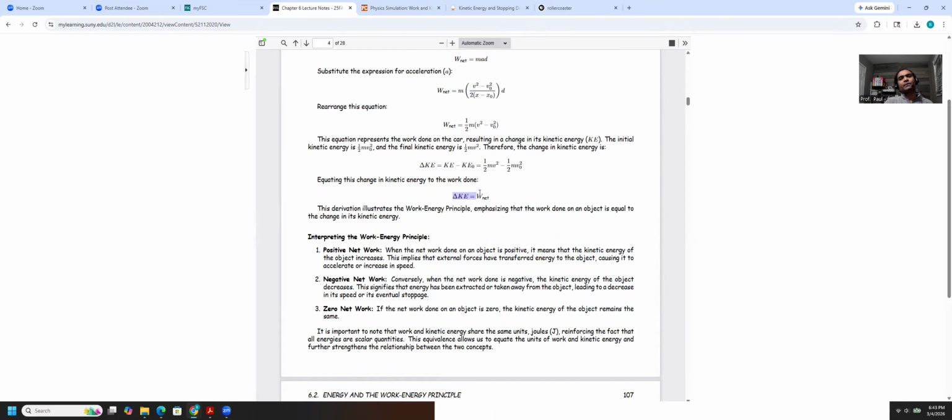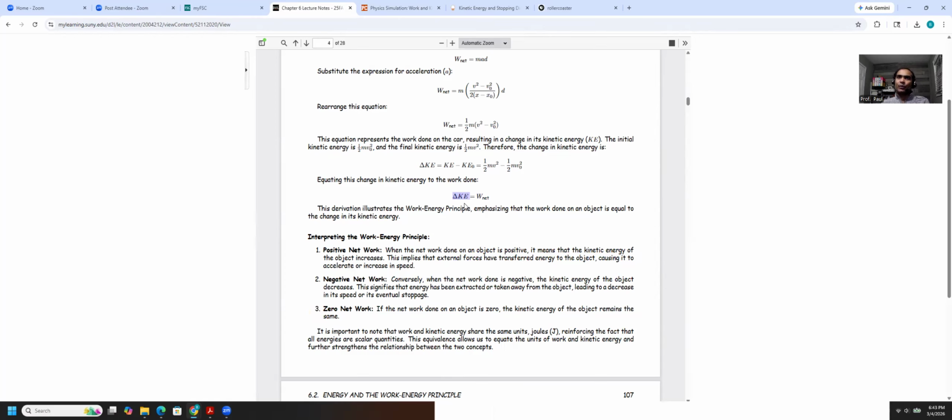Okay. Now here I want to say something interpreting this equation. As I already mentioned, the work done can be positive, negative, or zero, right? So when you do positive work, this is positive, so the left hand side is also positive.